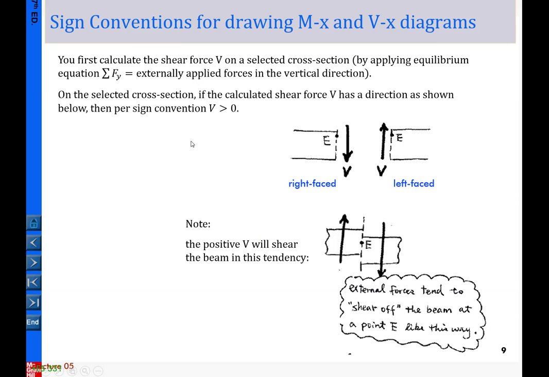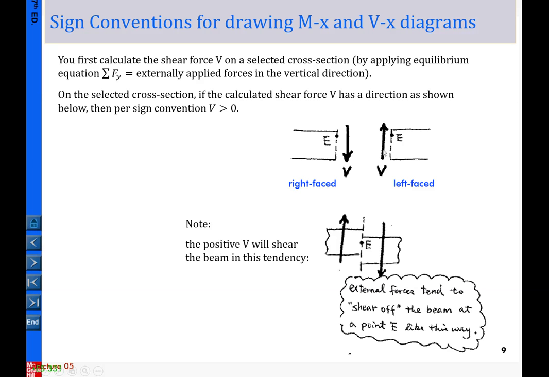So here it's time for us to define the sign convention. For a cross section that faces right and for a cross section that faces left, there is a positive sign for shear. For face right, we define the positive shear as downward.